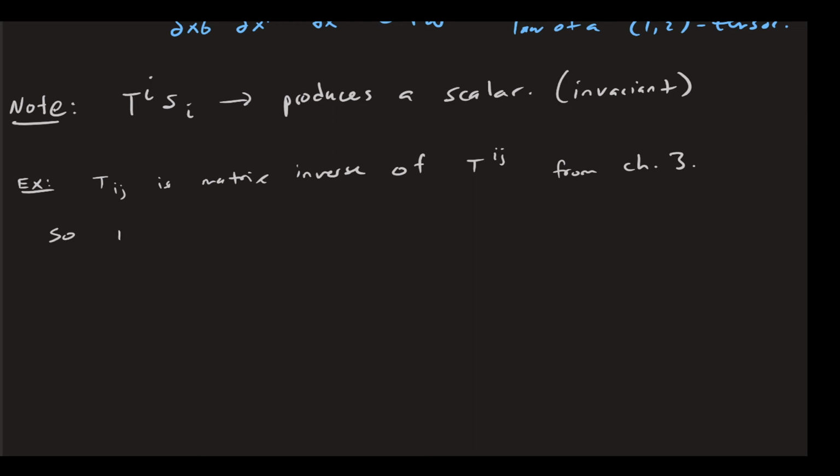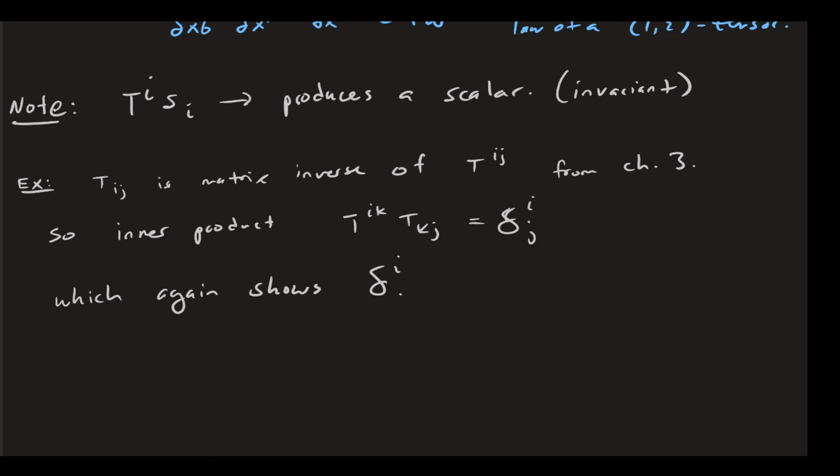So the inner product, we'll call it Tik Tkj, would produce the Kronecker delta δ^i_j, which again shows that delta i up j down is a mixed tensor, a 1-1 tensor.